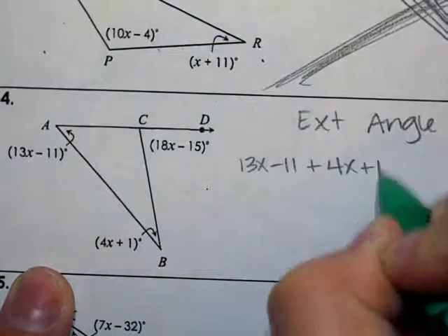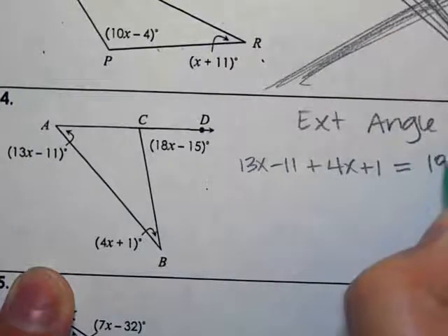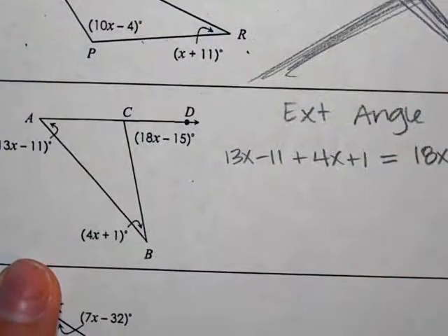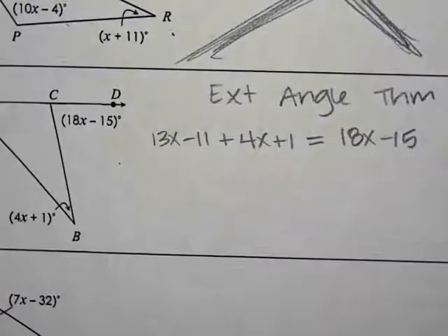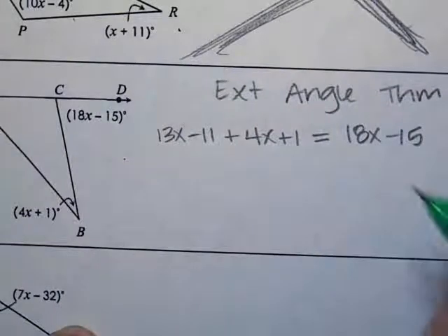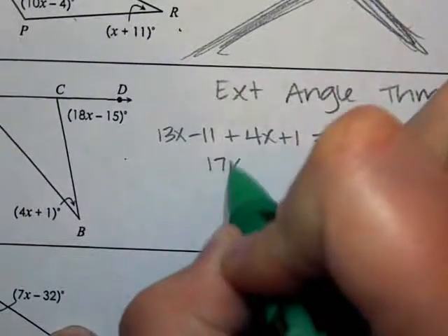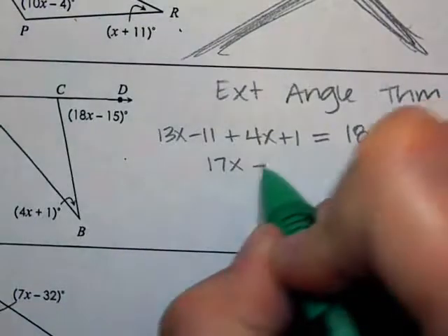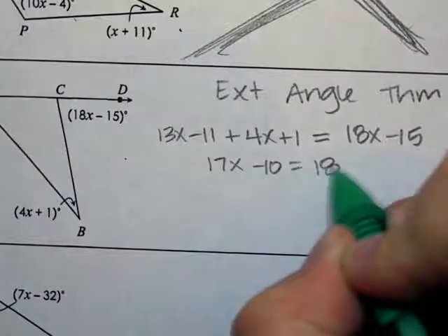Okay, so the two interior angles equal the exterior angle. All right, 13x plus 4x equals 17x. Negative 11 plus 1, negative 10. Okay, so I'll subtract the 17x over.